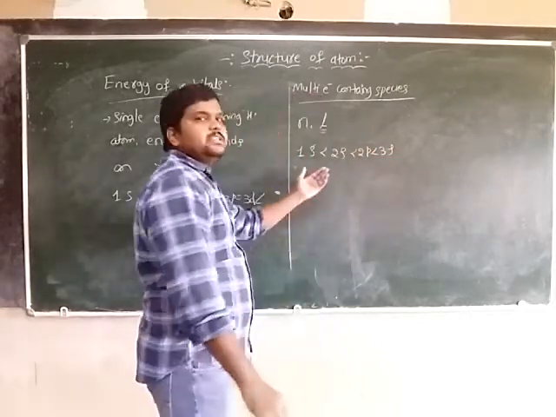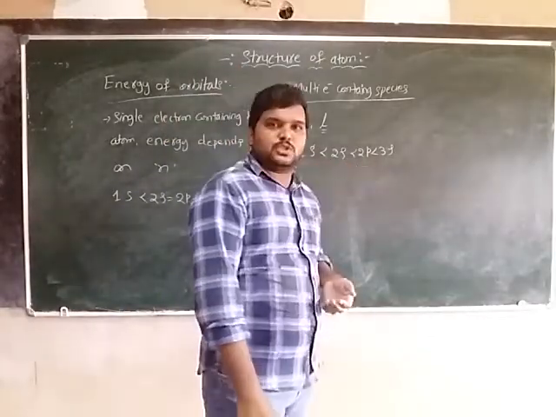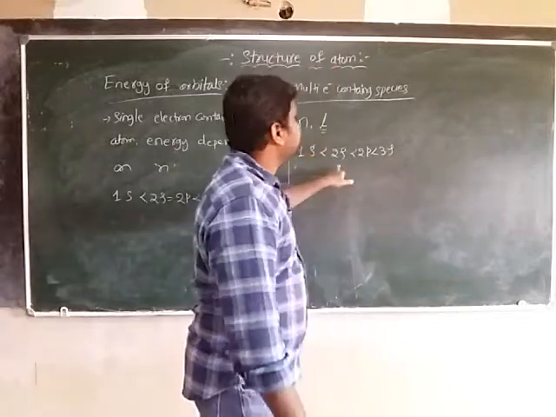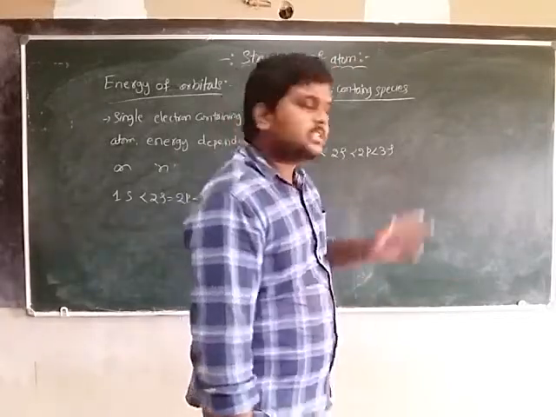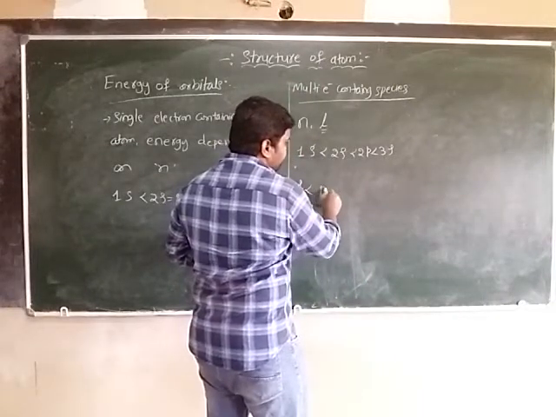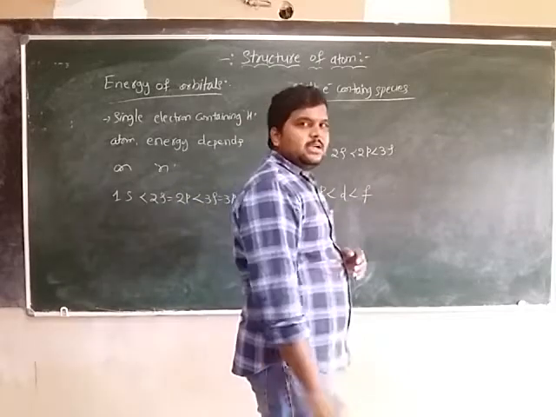Like this, the energy varies from one orbital to another, one subshell to another subshell. That mainly depends upon the energy of the subshells. Generally we have seen that the s subshell has less energy than p, which is less than d, which is less than f. Yes or no?